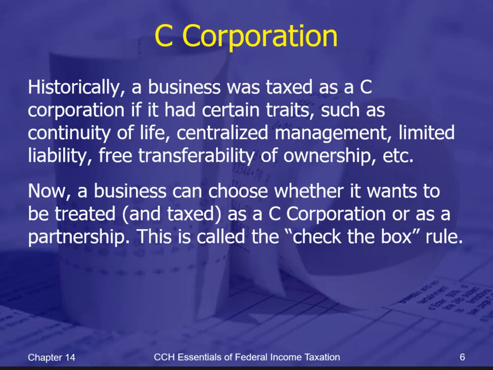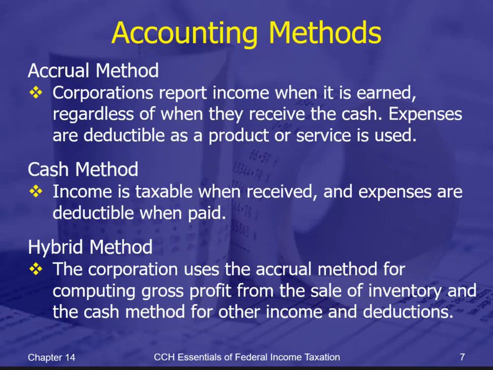So we had situations where C corporations are taxed separately from the owners. Now we can basically choose how we want an entity to be taxed. You don't have to wait to see what kinds of characteristics an entity has. There's the ability to choose under what we call the check-the-box rules or check-the-box regulations. If you are a C corporation, that means you have incorporated under state law and you have not elected a special treatment to make you an S corporation, then you become by default a C corporation.